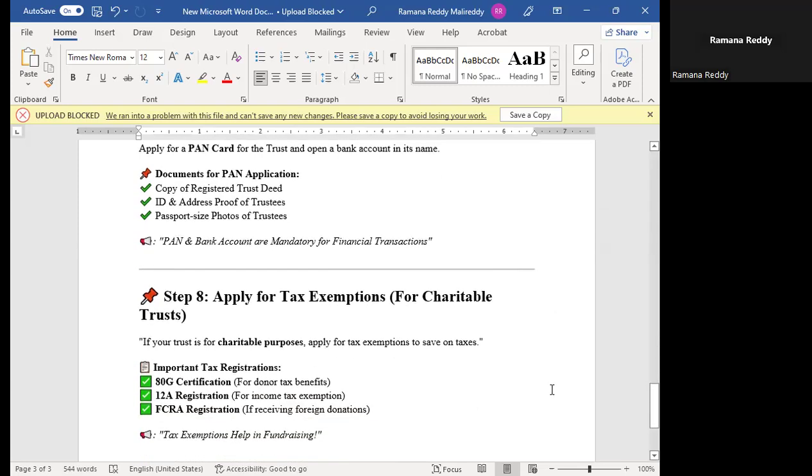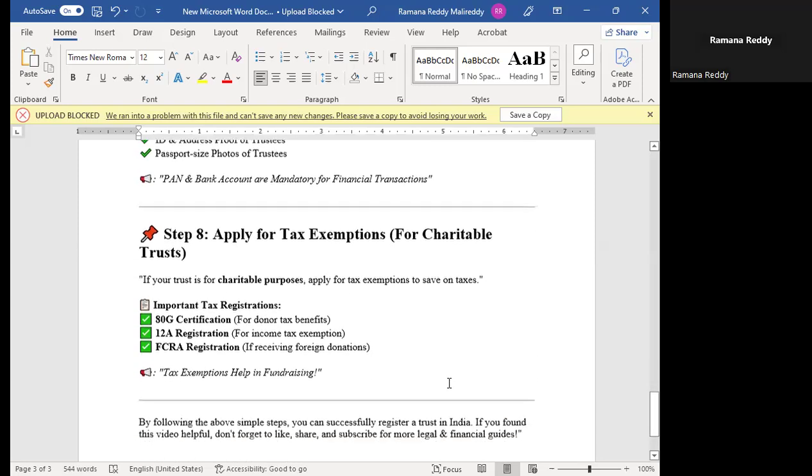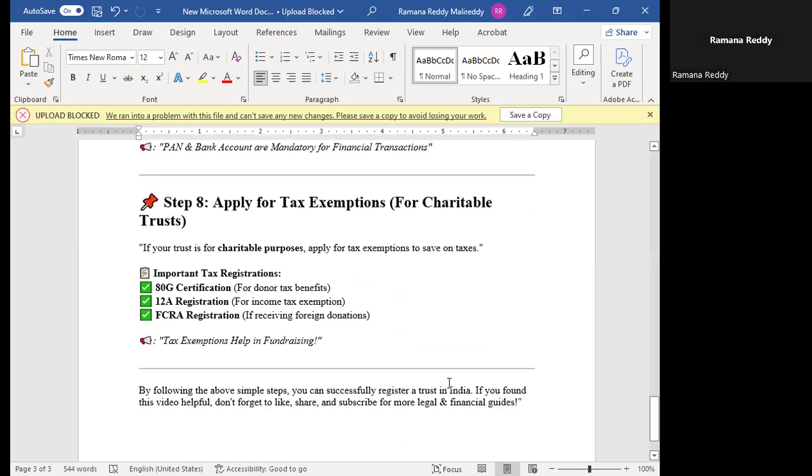Important registrations are 80G registration for donor tax benefits, 12A registration for income tax exemption, FCRA registration if receiving foreign donations. Tax exemptions help in fundraising. So by following the above simple steps, now you can successfully register a trust in India.